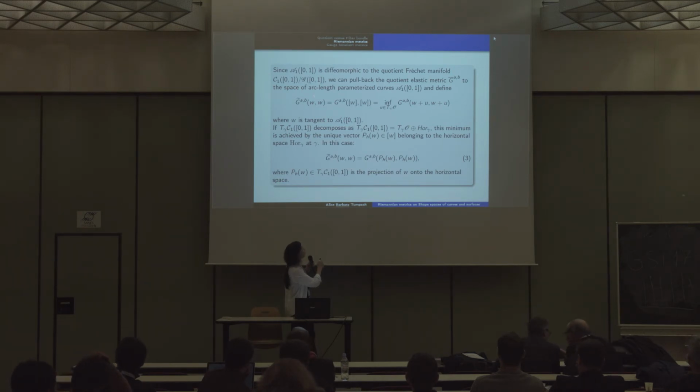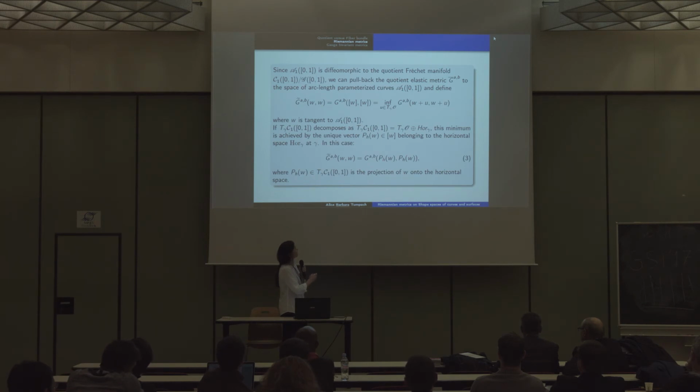Well, you take the orbit of this omega and compute the quotient metric on this. So what it does actually is that it projects your tangent vector to the horizontal space related to the quotient metric and computes the metric there.